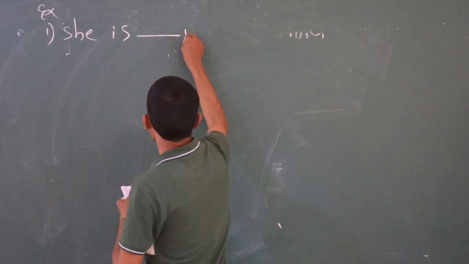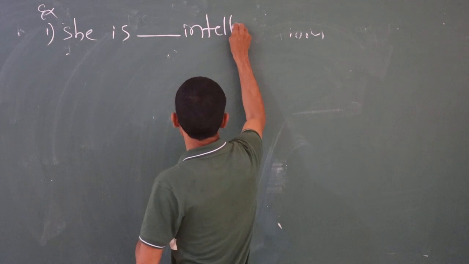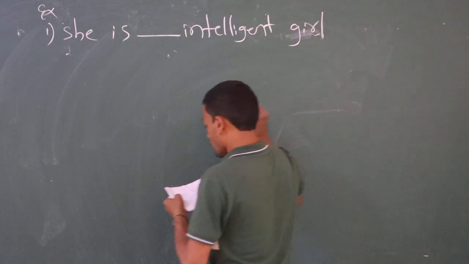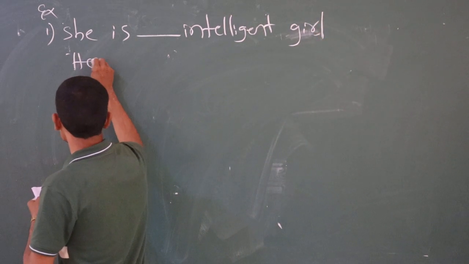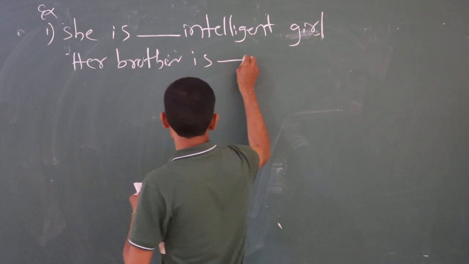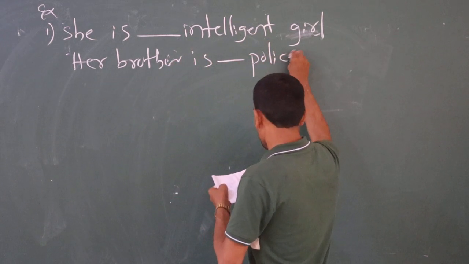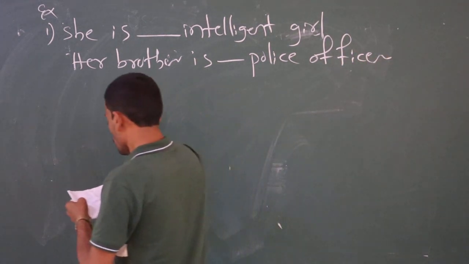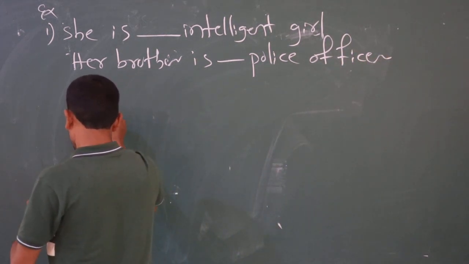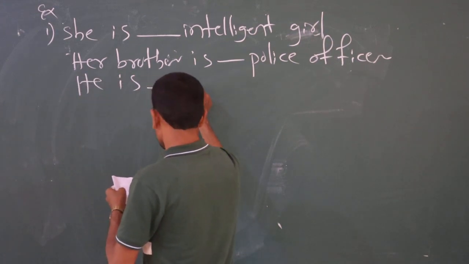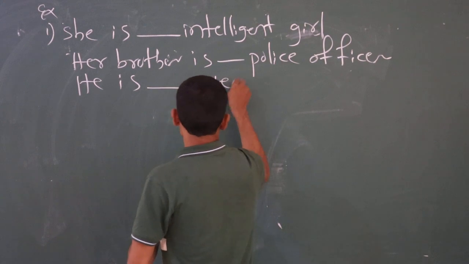She is dash intelligent girl. And second one, her brother is dash police officer. And third one, he is dash one-eyed man.